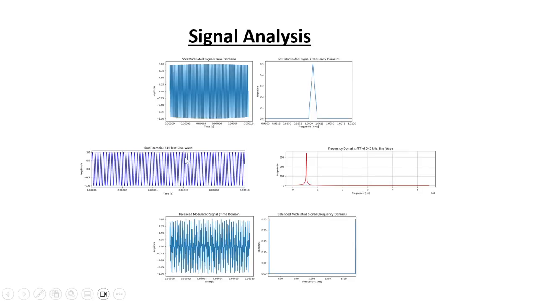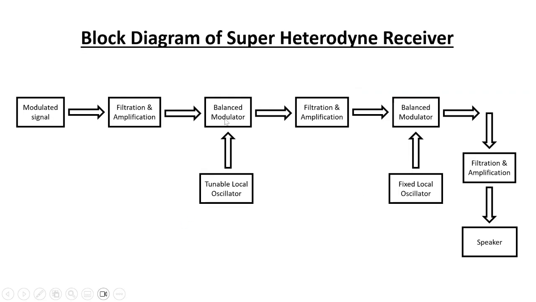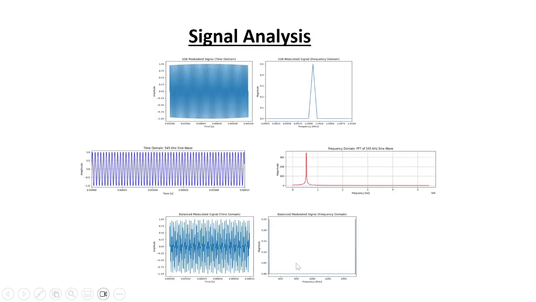Okay, so you can take this single sideband modulated signal and this local oscillator wave to generate an intermediate frequency range, which is this one. After this balanced modulator, this will be the signal, and you can see clearly here that we have two frequency ranges.